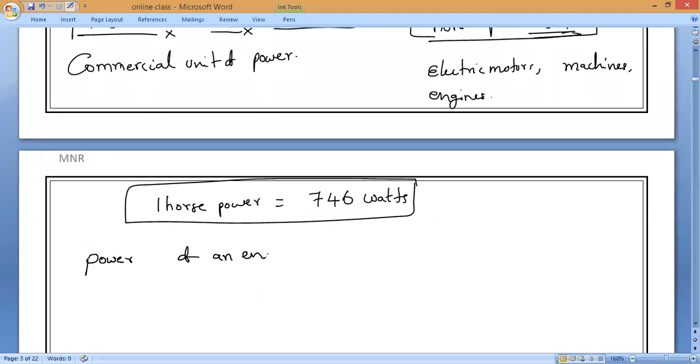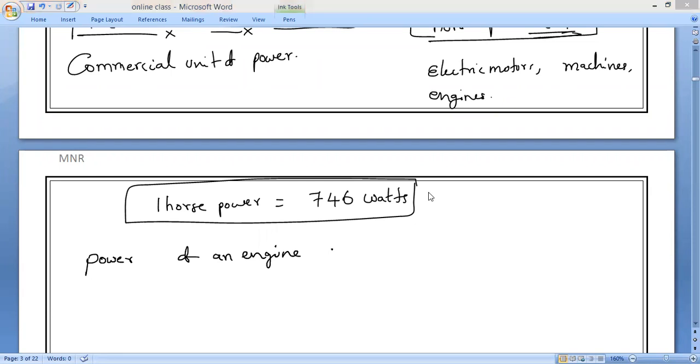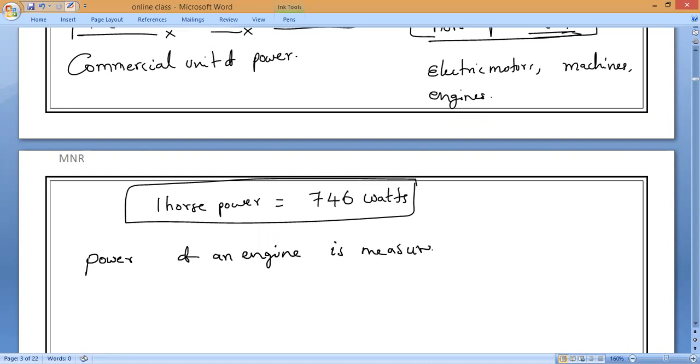Next time when you are traveling, or you can notice it on engines, even if you buy a bike, they will give the BHP of the power. You might find it on the front wheel of my bike. The power of an engine is measured nowadays, instead of HP, as B.H.P.